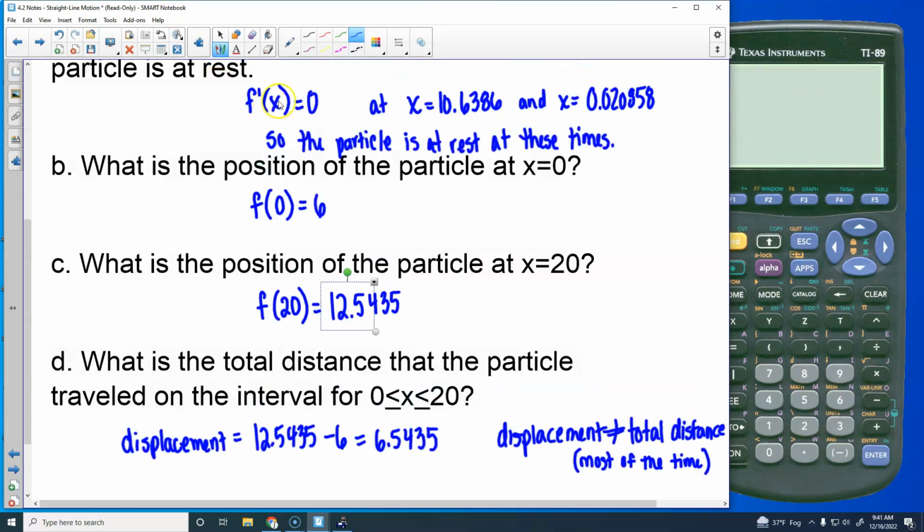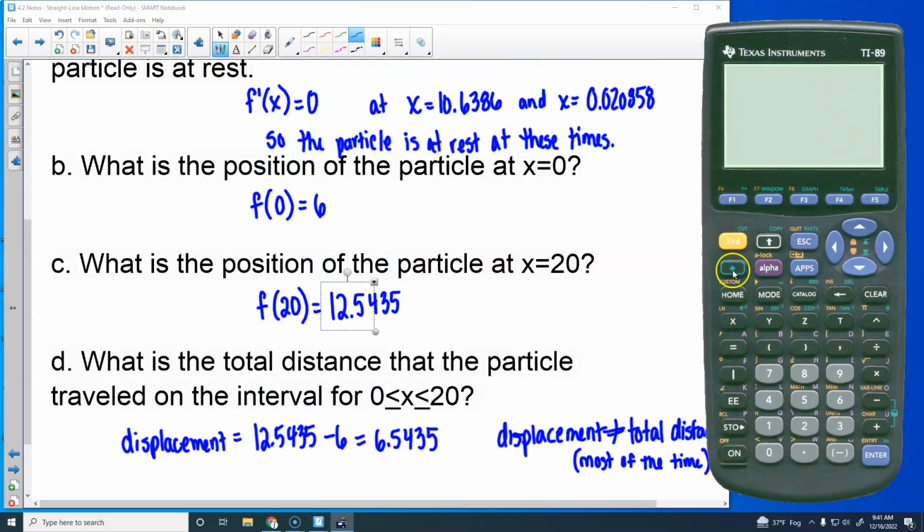There were these places where our derivative equals 0, right? So I'm going to look at the graph of the derivative. Is that what we want to see?